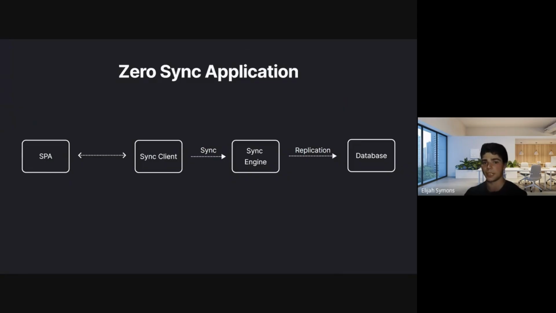And then in terms of the database side, your sync engine is going to be watching the replication log of your database. So right now they only have support for PostgreSQL. They're working on support for MySQL and I think Mongo, although I'm not sure about that one. But the idea is your sync engine is subscribing to the replication log of your database.